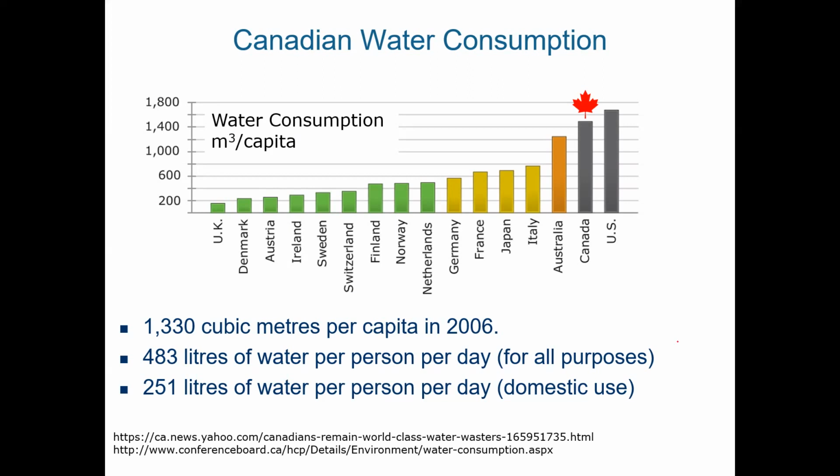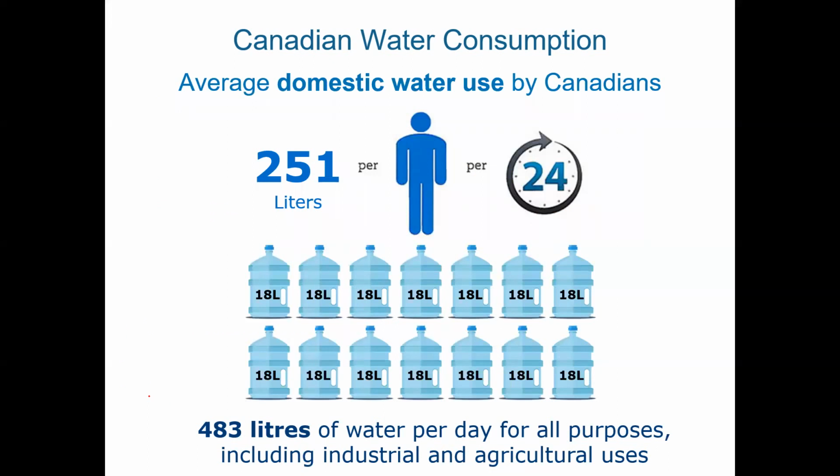But you can see that this is showing that about 483 liters are used per person per day for every purpose in Canada, and maybe about 250 liters in your house per person. And I'll show you some breakdowns, like I said, on that in a moment here, in terms of what we're using in our house. So there's what 250 liters looks like, by the way.